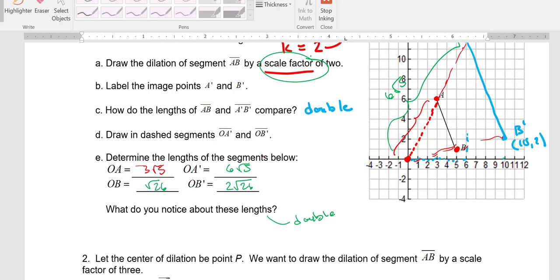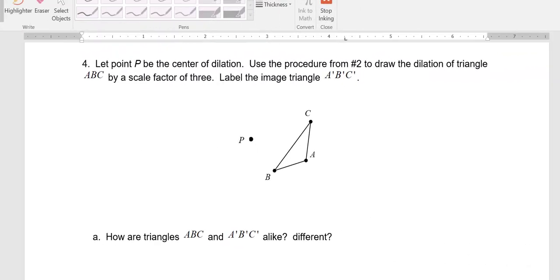Okay, let's move on to a problem on the next page. The problem I want to talk about is problem 4 here. If I want to take P as my center of dilation, and take this triangle ABC and dilate it by a factor of 3, what I'm going to do is take this distance from here to here, let's call this x, and then blow it up.